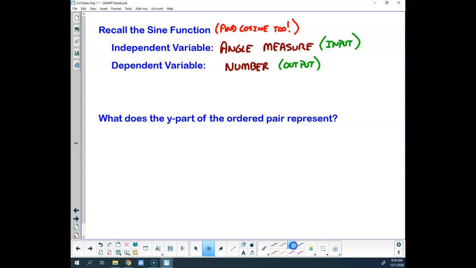So the y part of the ordered pair represents the sine value of the inputted angle.